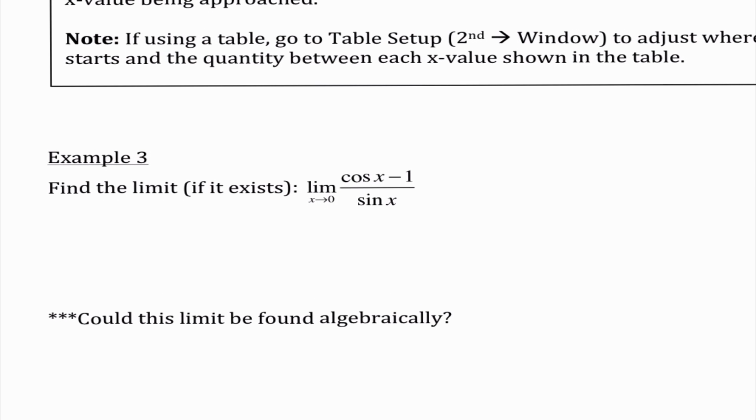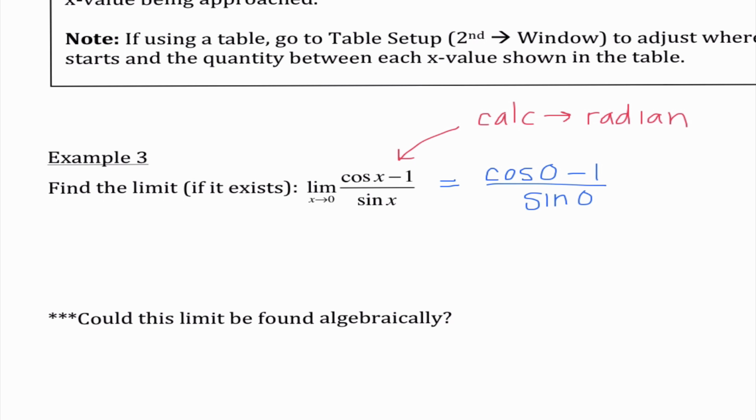Okay, it says find the limit if it exists. I'm going to start by using direct substitution. So cosine of 0 minus 1 over sine of 0. Just a side note, remember that my calculator needs to be in radian mode when we are dealing with these values.